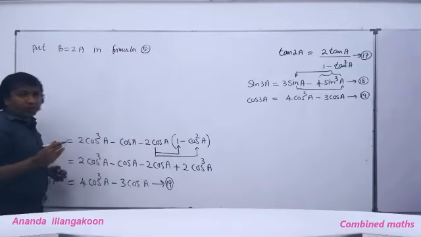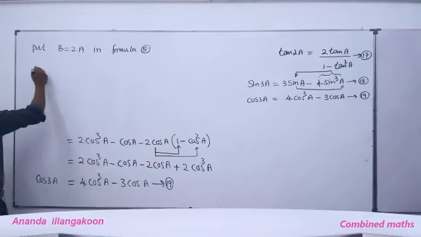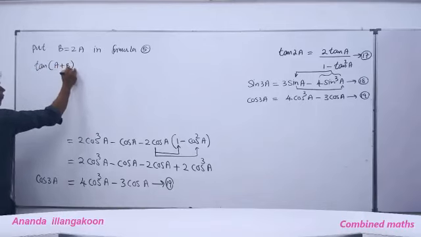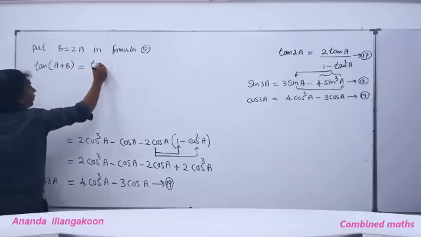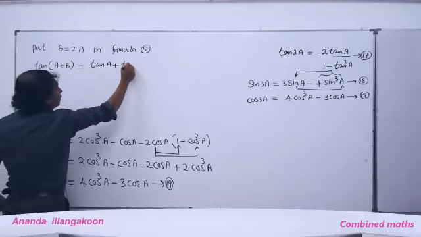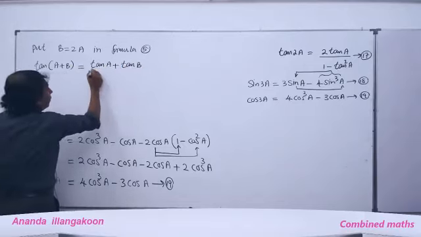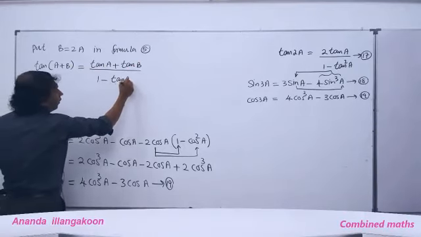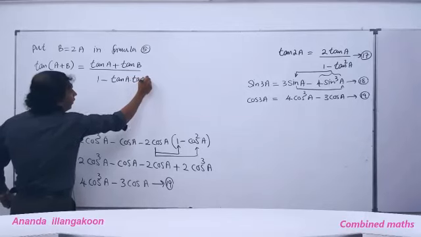What is formula number 5, people? It's tan(A+B), no? The tan(A+B) formula we wrote: tan A plus tan B divided by 1 minus tan A tan B.